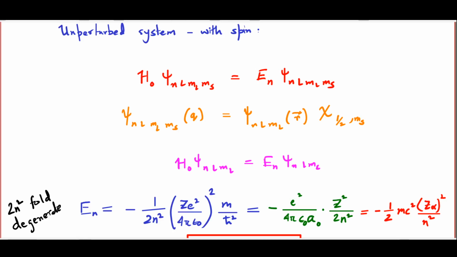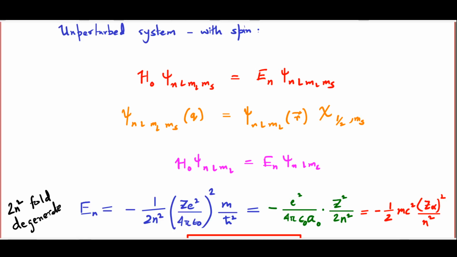Since this particular label is the same for all the states, it is omitted from the labeling scheme usually, and that is why you have L, ML, MS as the additional labels beyond n, which denotes the energy. You do not write down small s simply because it does not serve to further specify the wave function involved.